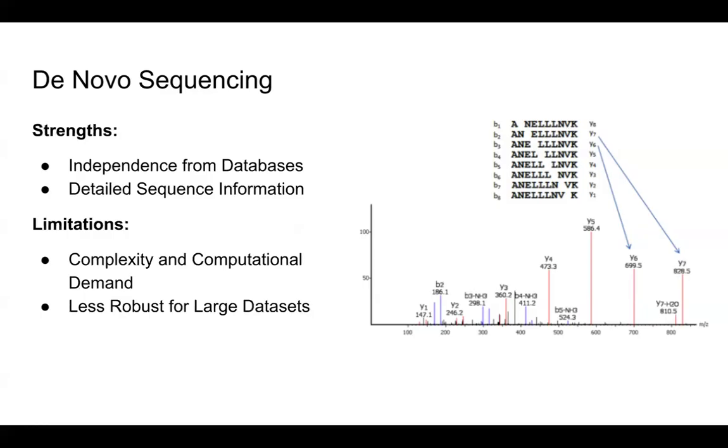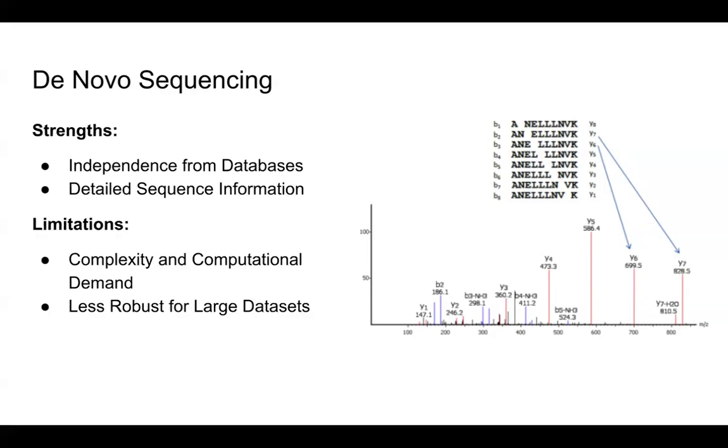So since it doesn't rely on pre-existing sequences, de novo sequencing can identify completely new peptides or variants, and it provides detailed information about peptide sequence, including potential modifications.